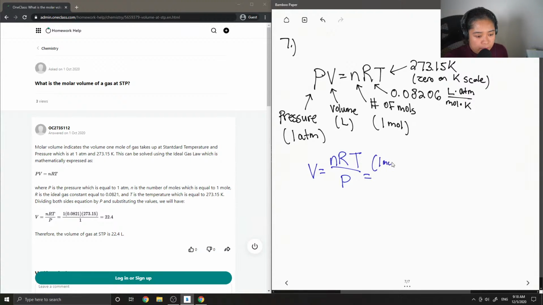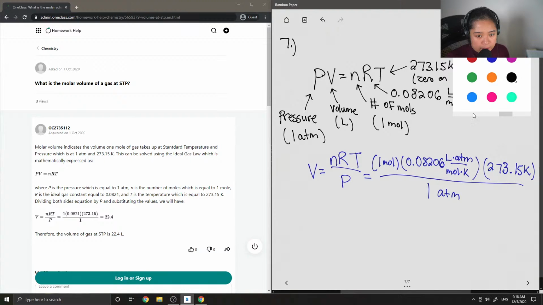Number of moles was 1. The R constant, we are going to use 0.08206, since we are working with these units. Temperature is 273.15 Kelvin, all divided by the pressure, which is 1 atm.